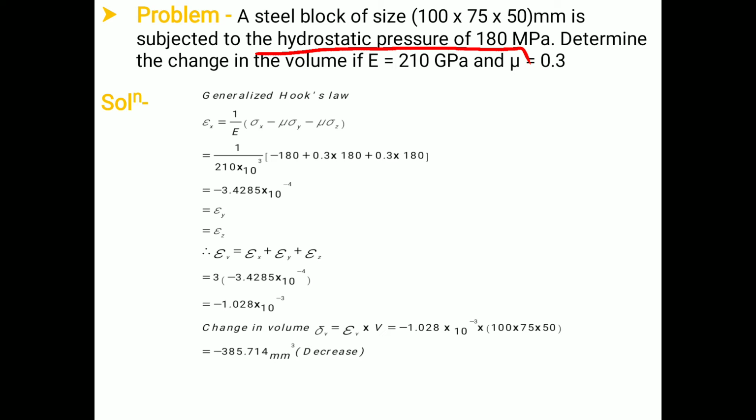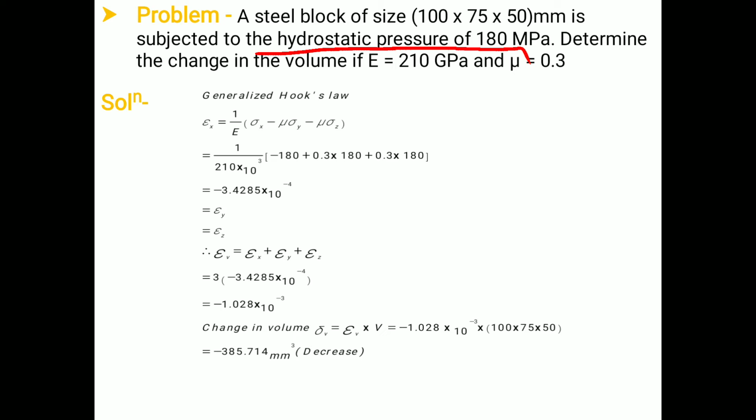Due to that, there will be a change in its volume without any distortion in the shape. The body will maintain its shape as it is, but the volume will decrease under the action of hydrostatic pressure, and that pressure is to be considered compressive in nature.